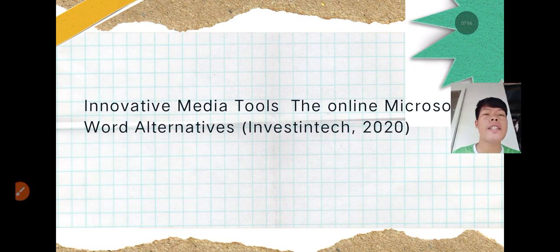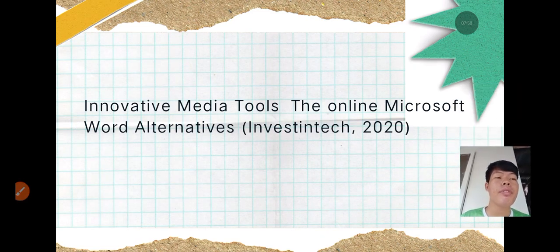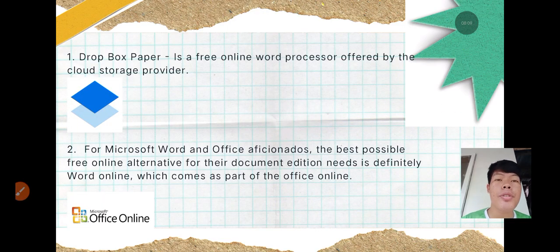And now, these are the innovative media tools, the online Microsoft Word alternatives. First, Dropbox Paper is a free online word processor offered by the cloud storage provider.